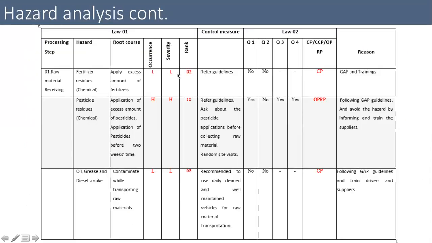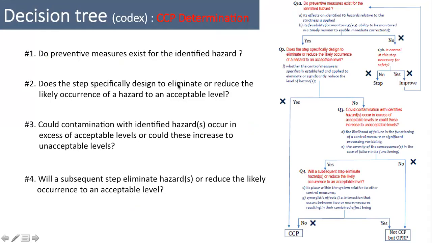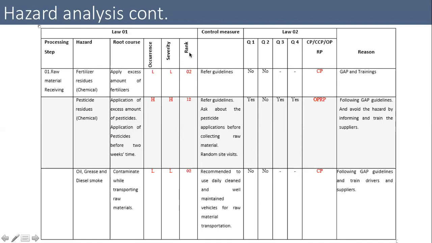Severity is low, and severity low means 1. 2 by 1, the value is 2. 2 means the rank is 2. So it is not a critical control point, not a CCP, right?